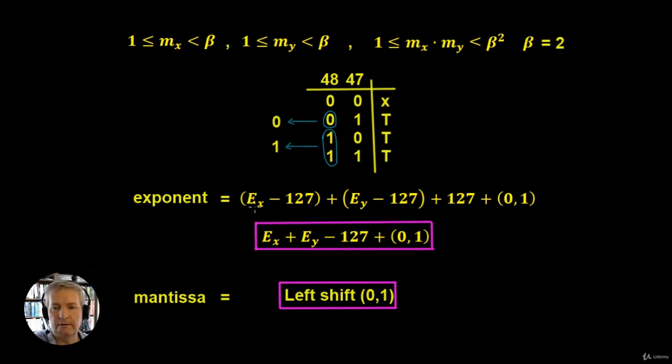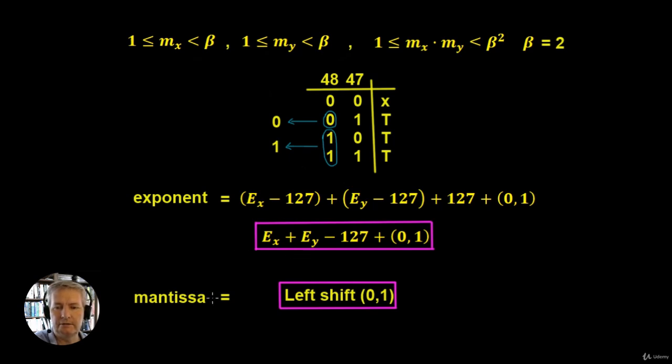So finally we can write this here. If we take the plus and the minus, this one cancels with that one. We're just going to be left with one of the 127s. So we can say the exponent is going to be given by EX plus EY minus 127 plus the value of 0 or 1, which is determined by the most significant bit.